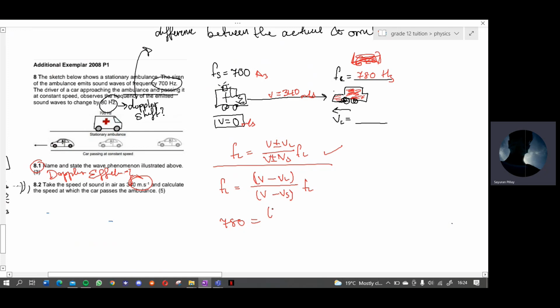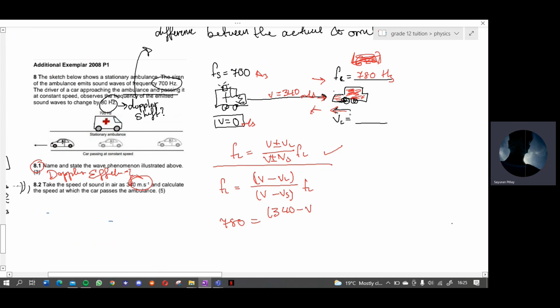Now we substitute here. We say 340 minus vL, the velocity of my listener, which is what we're solving for, right? But it's moving in the opposite direction of the speed of sound. Sound is going to the right, but my observer is moving to the left.